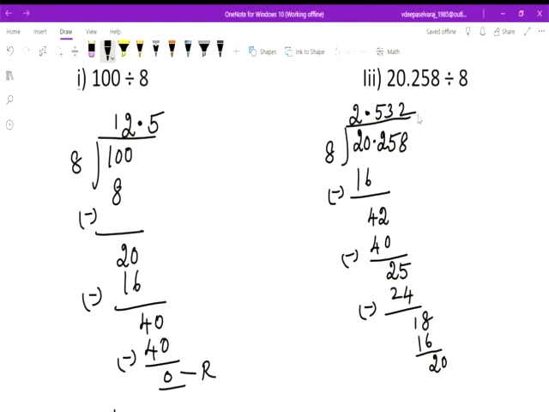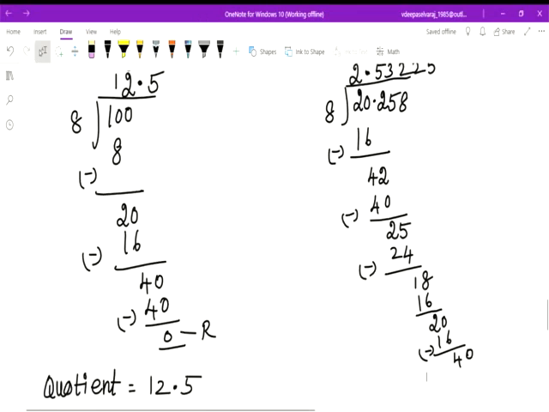Now 20. How many times does it occur? 2 times. 16. Now you subtract this, what will you get? 4. Next you add a 0, 40. How many times does it occur? 5 times. So 5 eights are 40. Now you subtract this, what will you get? 0.